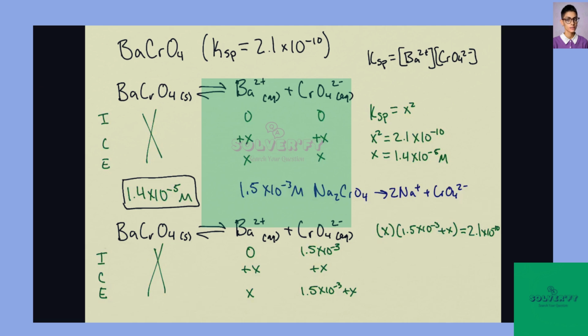So we get 1.5 times 10 to the negative 3rd times x is equal to 2.1 times 10 to the negative 10th. And we get an x value of 1.4 times 10 to the negative 7th, which validates our assumption, so we can continue. Again, because of this 1-to-1 ratio, we know that our molar solubility is just our value of x. So 1.4 times 10 to the negative 7th molar.